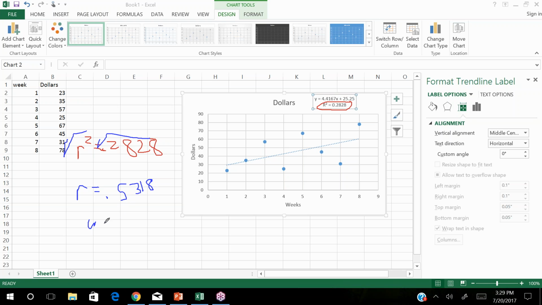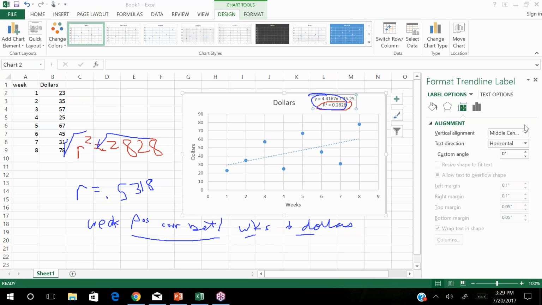So I would say there is a weak positive correlation between weeks and dollars, because those are my 2 variables here, and it's positive correlation because we have a positive slope. Your value of R and your slope, those signs will always be the same.